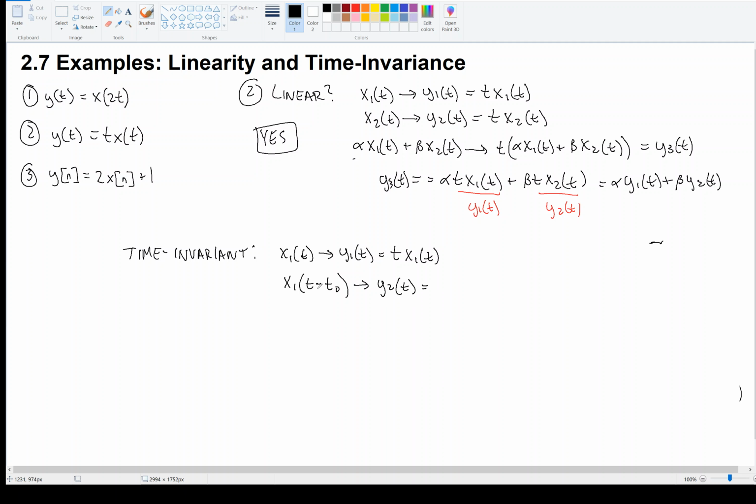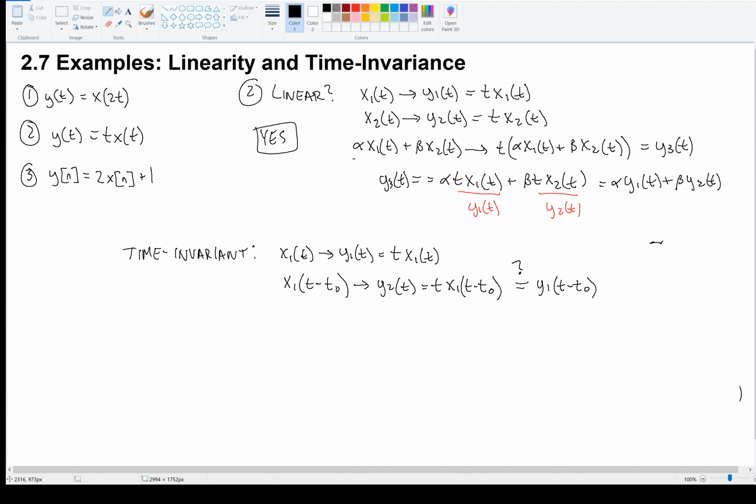And so I'm just replacing t with t minus t0 in the input signal. So I would get whatever time it is times x1 of t minus t0. And we ask ourselves, is this the previous output delayed by, or shifted by t0? Are those the same things?